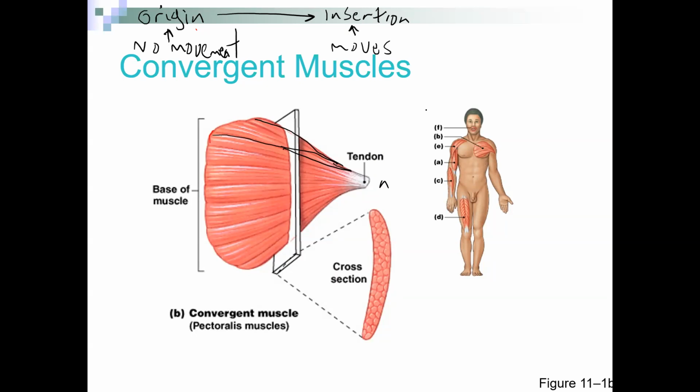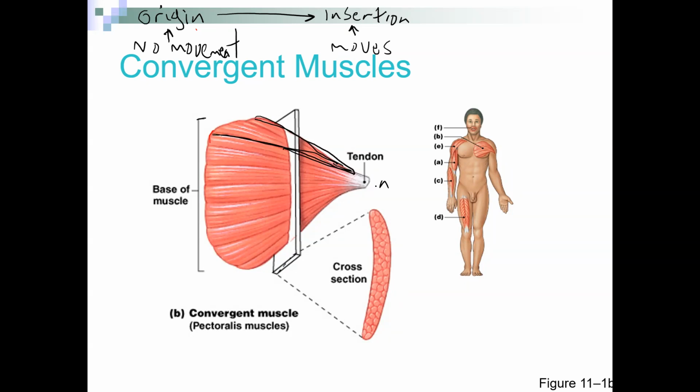With the convergent muscle, the fascicle starts out as a broad band on the origin. The broad band doesn't all have to be attached to the exact same bone, but whatever bone it is attached to, it will not move when the muscle contracts. Because of that, you have fascicles running at different angles down towards your tendon.